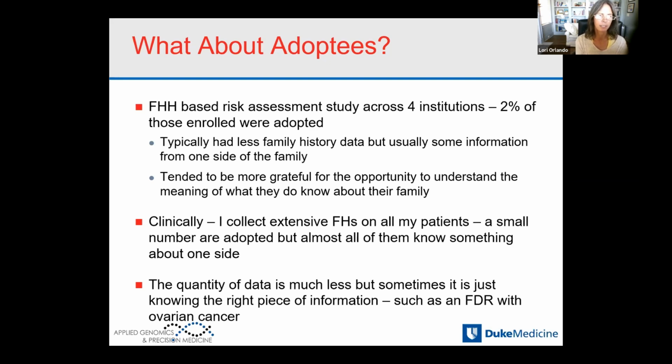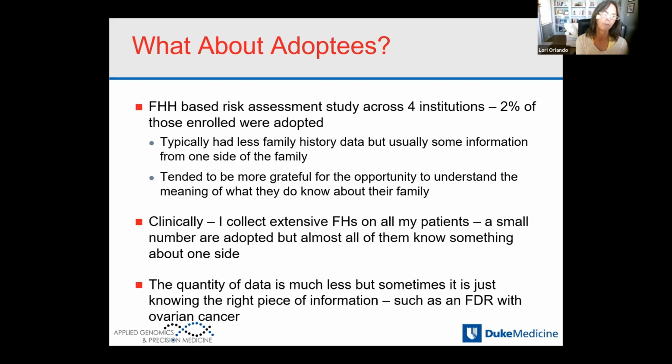So in our studies, in the very first study that I presented, we actually excluded adoptees from the trial, and almost all studies that include family history do exclude adoptees, which is unfortunate. We did not exclude adoptees in our studies following that one.